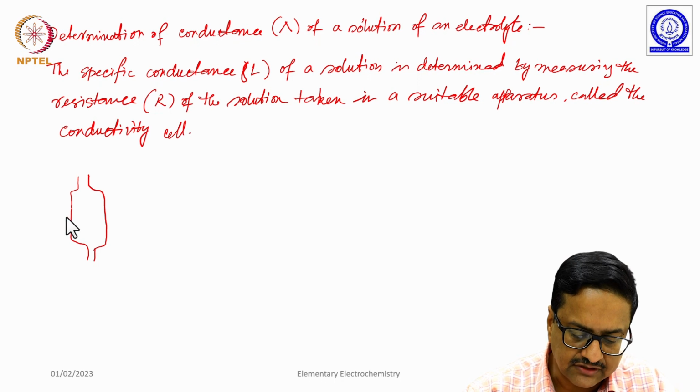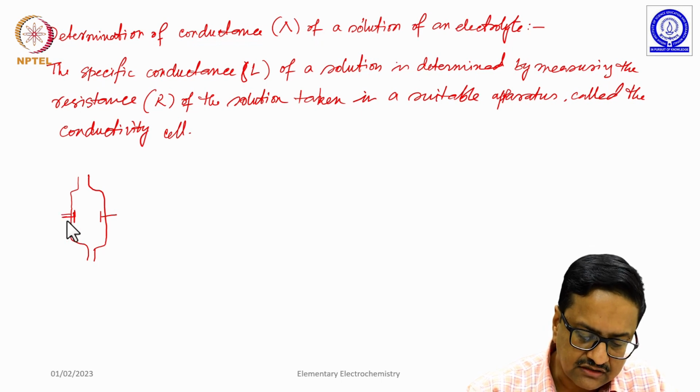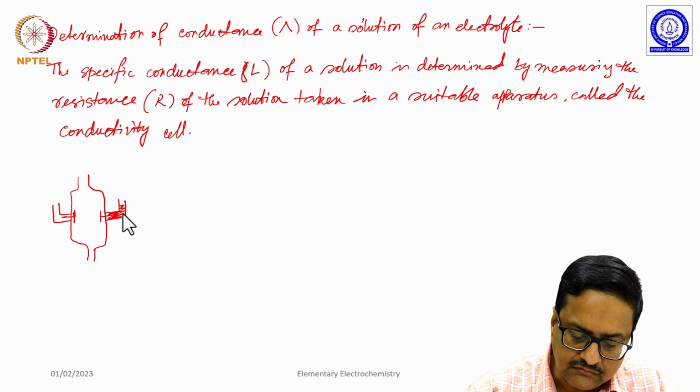You will have two conductors on two sides, two electrodes, which are connected externally with liquid mercury kept in these tubes.